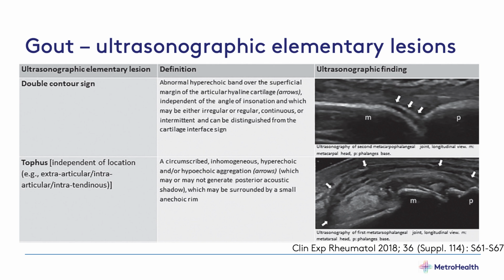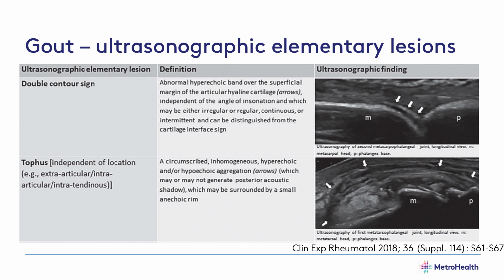So this is a strong double contour sign and not an interface sign. Tophus is another thing that we can see on ultrasound, obviously. But here I have to quibble with this definition. It's a circumscribed, inhomogeneous, hyperechoic and/or hypoechoic aggregation. In other words, it could be anything.